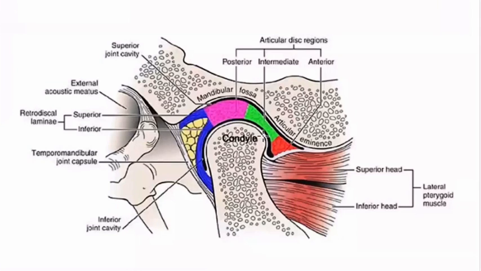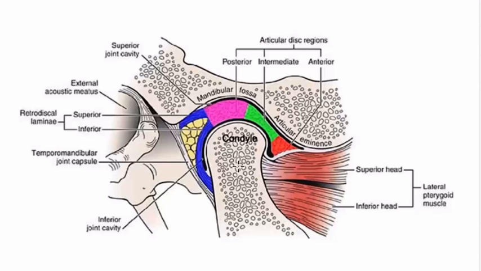The condyle moves, and the disc also moves with the condyle, so it serves as an articulating surface. The disc moves with the condyle during the translation movement to the anterior part. We said that the lower half is meant for the translation movement.